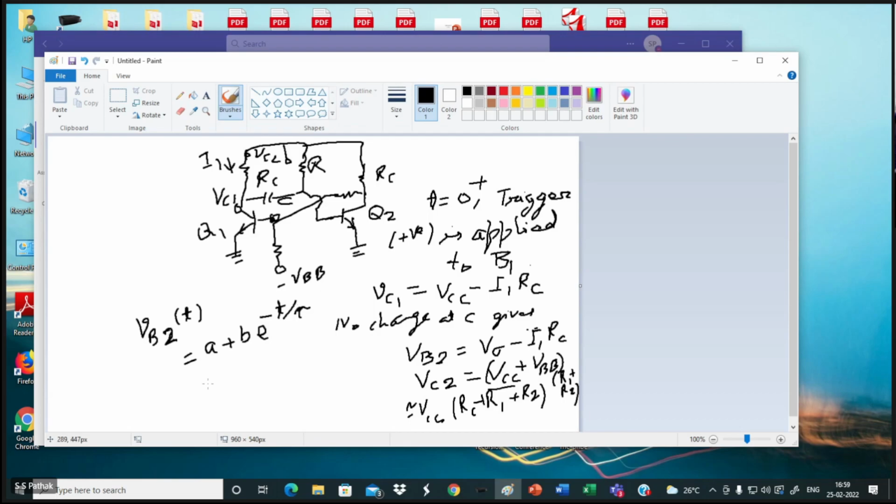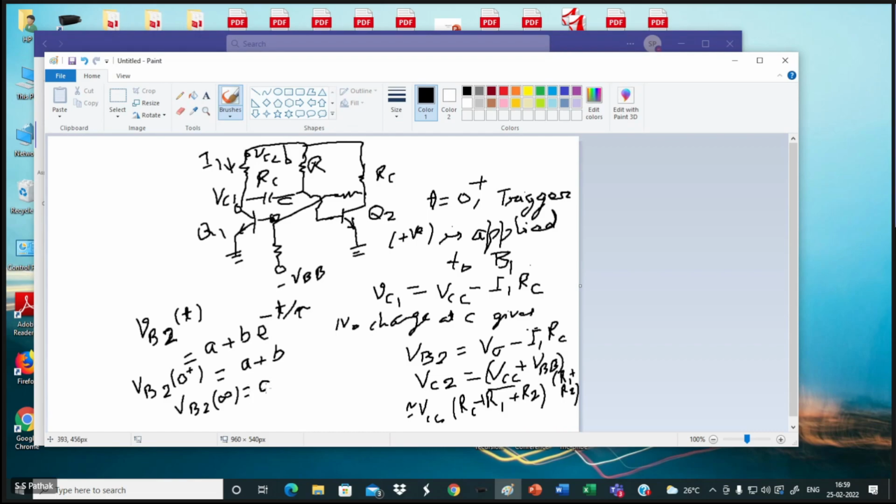Okay. Now you remember when I wrote at that time VB2 at 0 plus at 0, it is A plus B. E to the power 0 becomes your 1. Then I can write here VB2 at infinity, the final one will be what?